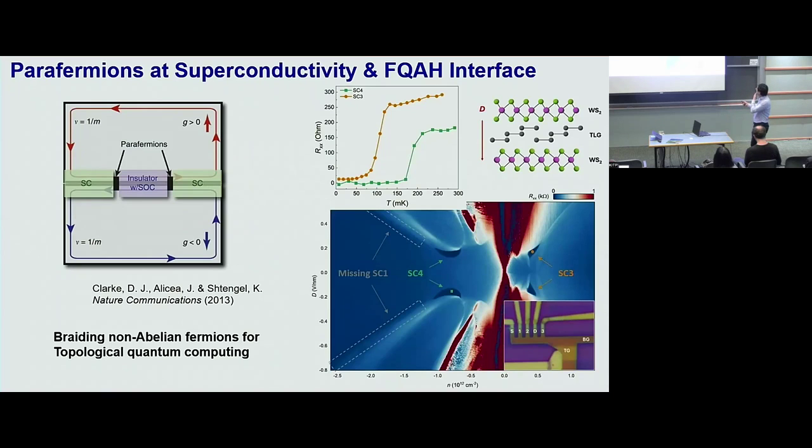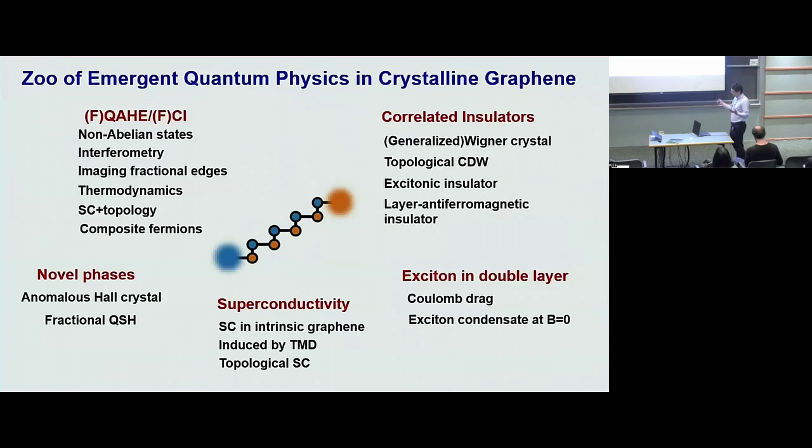And indeed, we have got superconductivity in tri-layer graphene at least. There are new superconducting states induced by TMD and things. I think Andrea probably has similar results. With that, I will just finish my talk, and these are some possibilities we are thinking of doing based on this rhombohedral graphene. And thank you for your attention.